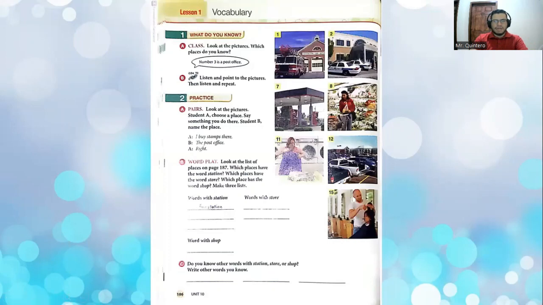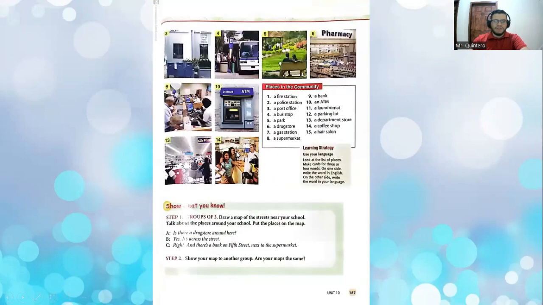So, vocabulary number 1 from unit number 10. This is lesson 1. What do you know? Let's look at the pictures. For example, a fire station. A fire station. What's number 2? Number 2 is a police station. Let's look at those 15 pictures and recognize them one by one.